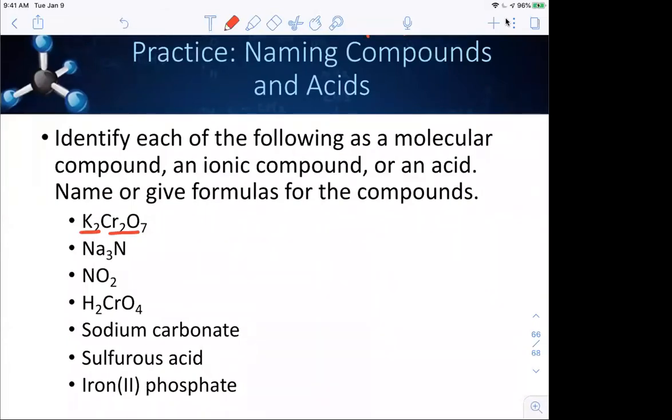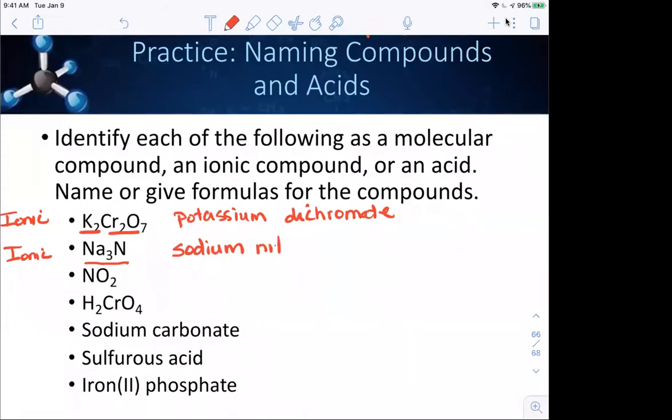I have potassium, and then the name of Cr2O7 2 minus is dichromate. This is also, so this is ionic. This has a metal and a non-metal. This is also going to be ionic. Both are representative elements. So I'm going to call this sodium nitride.